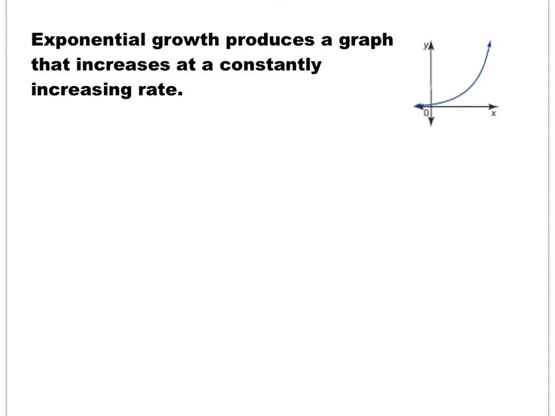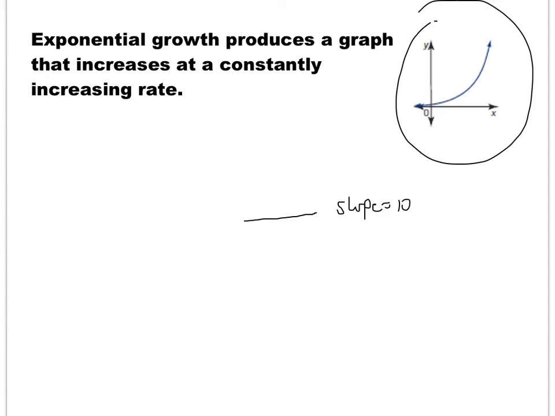Now, if you start plotting an exponential growth table of values, you will get a graph something like this one, which increases at a constantly increasing rate. To show you what that means, remember that a horizontal line has a slope equal to 0. A vertical line has a slope which is undefined.